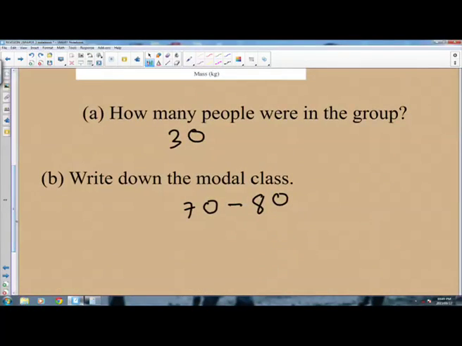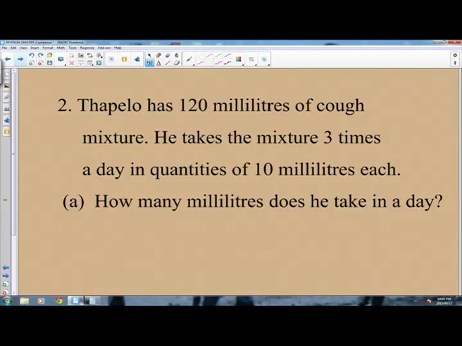And then what about the next question? It says Thapelo has 120 milliliters of cough mixture. He takes the mixture 3 times a day in quantities of 10 milliliters each. How many milliliters does he take in a day? So you are asked to find the milliliters that Thapelo is going to take in a day.